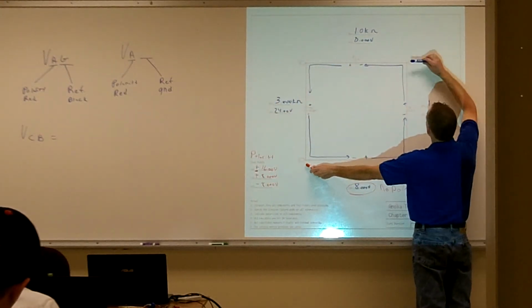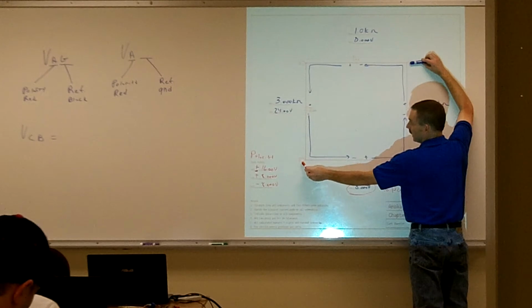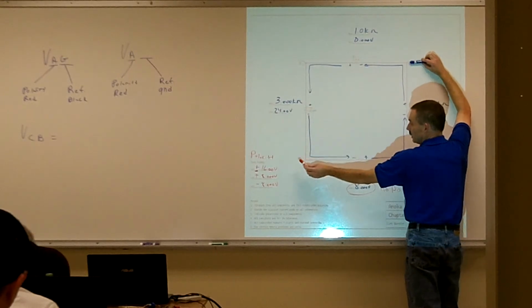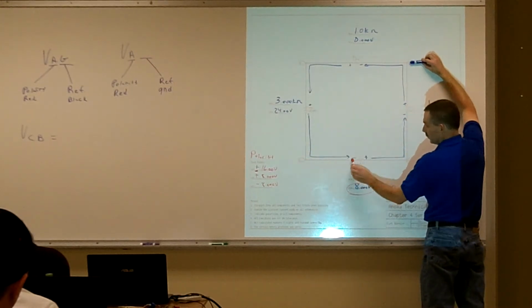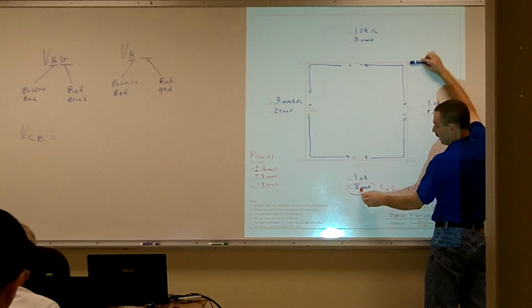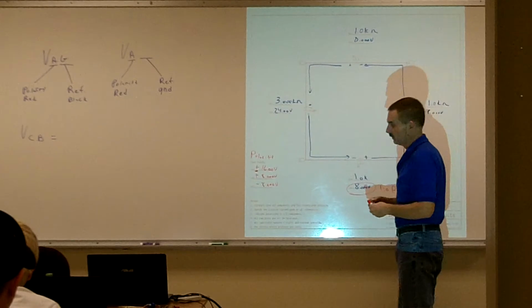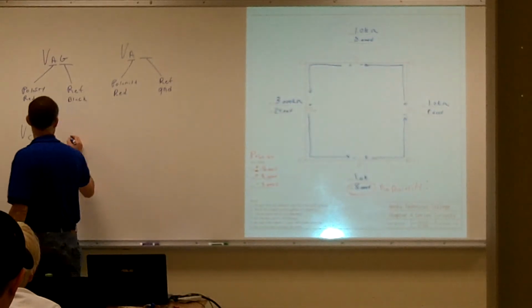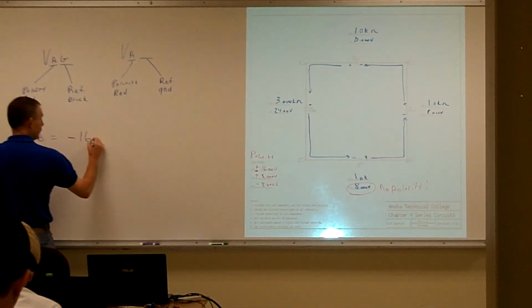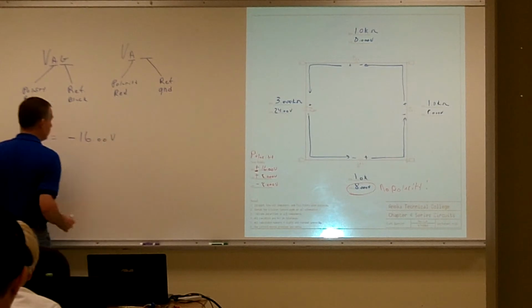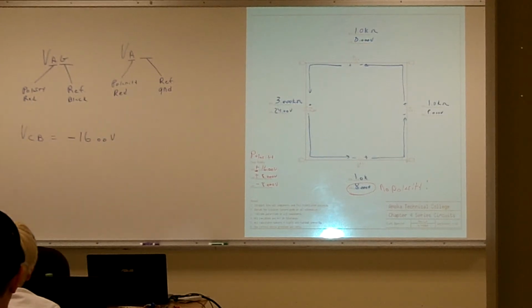On B. Then it doesn't matter which way I go. I'm going to just start out here. First sign I see is negative 8 plus another negative 8 gives me negative 16 volts. So if I needed something with a negative 16 volts going into my circuit, I know that I can go off my test points C to B. Okay?